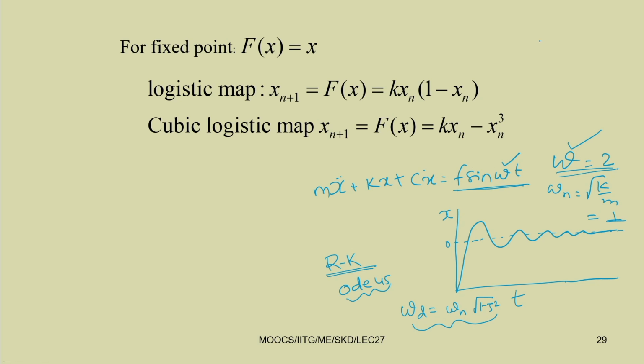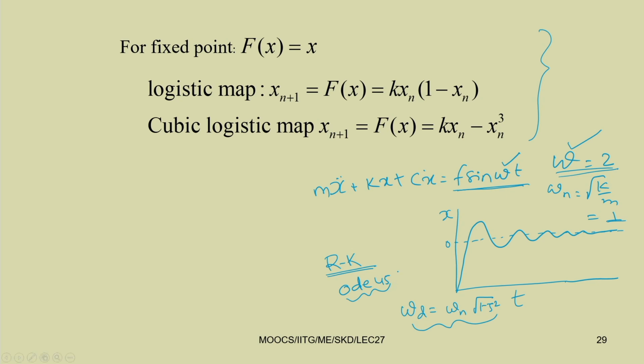Similarly, you may study the maps also. Here you can see the logistic map, cubic logistic map, then tent map. There are several maps where you can plot x n plus 1. You can write x n plus 1 equal to f of x, equal to k x n into 1 minus x n.